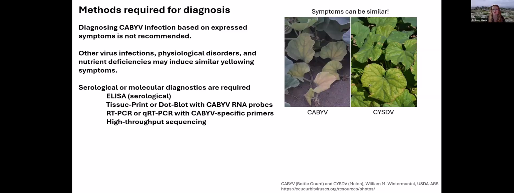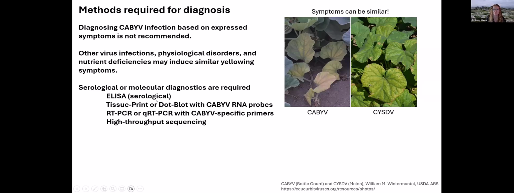If you want to know that this is the virus causing disease in your crop, you would have to use a molecular diagnostic or a serological diagnostic. Serology diagnostics use proteins in the virus, and we use a test binding something to that protein that lights up and is visualized. And then we can tell that it's present, and it's very specific for the proteins only in that virus.